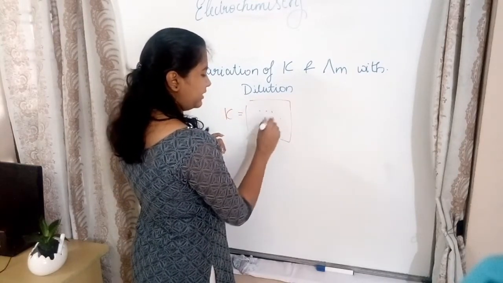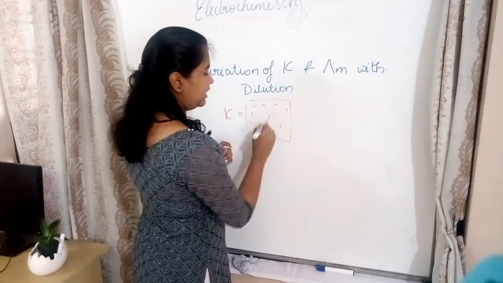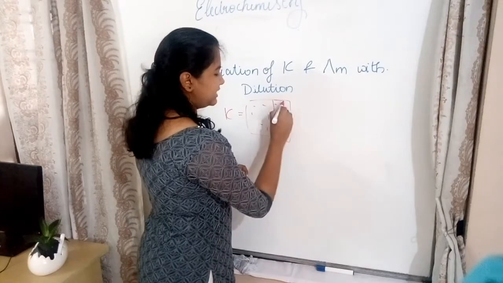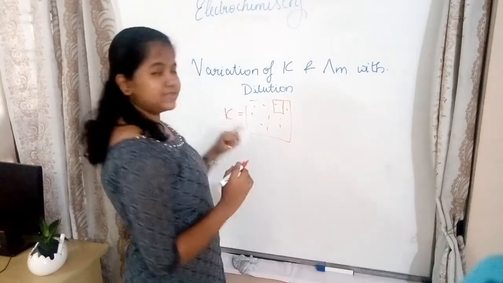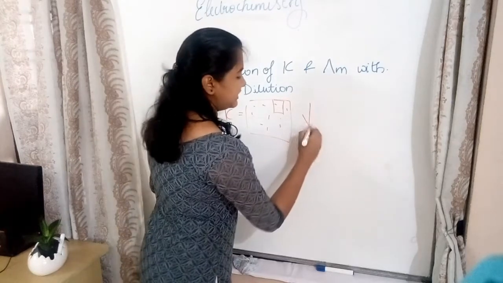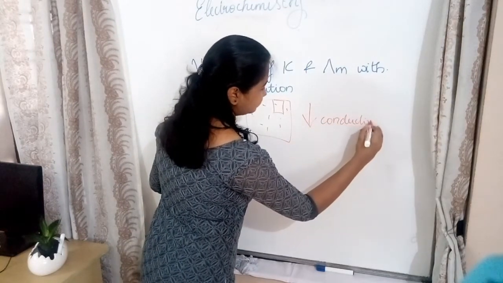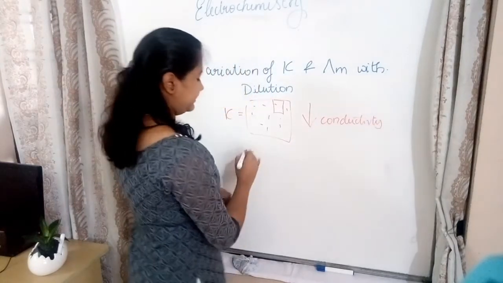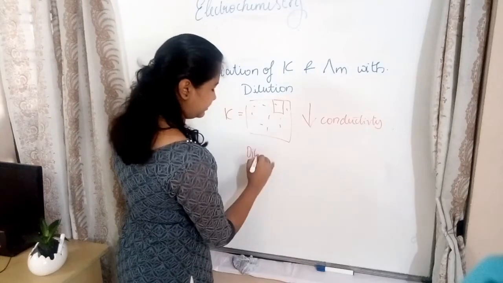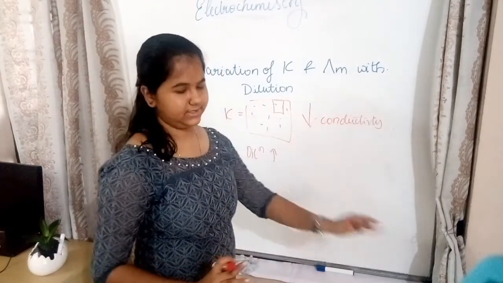The particles would now spread to all portions. Then when you take 1 centimeter cube, there are fewer ions, resulting in what? A decrease in conductivity. As dilution is done, conductivity is decreased.